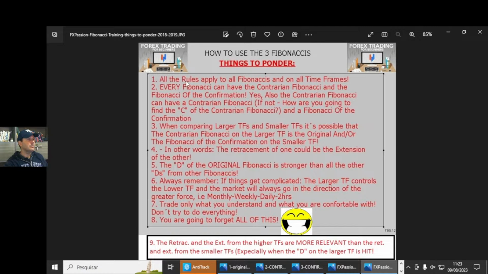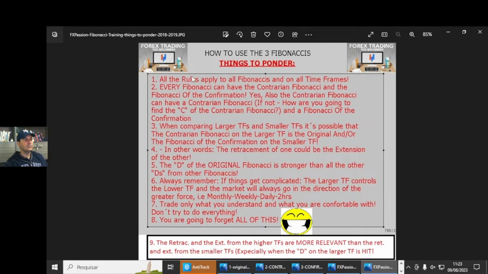Number 1, all the rules apply to all Fibonaccis and all time frames. Boss, what does this mean? This means that the contrarian Fibonacci can have the contrarian Fibonacci. Example. And the contrarian Fibonacci can have the Fibonacci of the confirmation. Example.